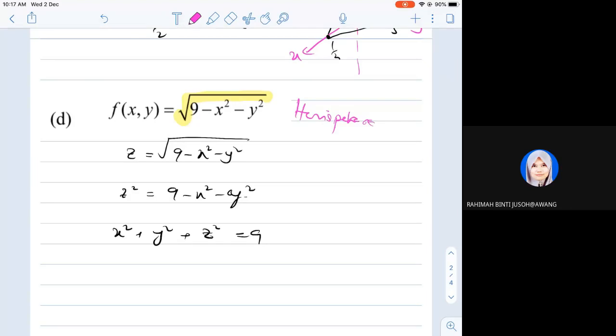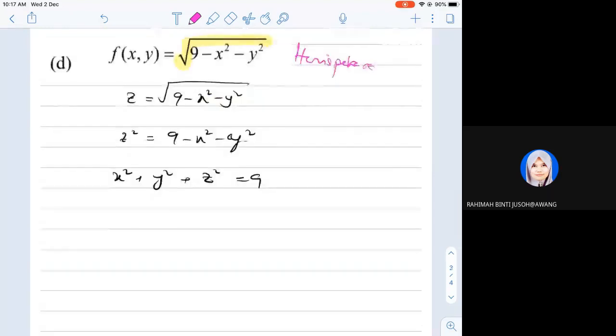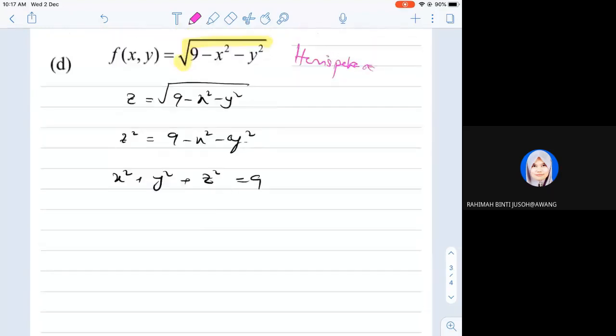Guys, in your test you have something like this, right? Z equals 1 minus... Wait a minute, let me check the question. Many of you got this form wrong. Let me look at the question again.